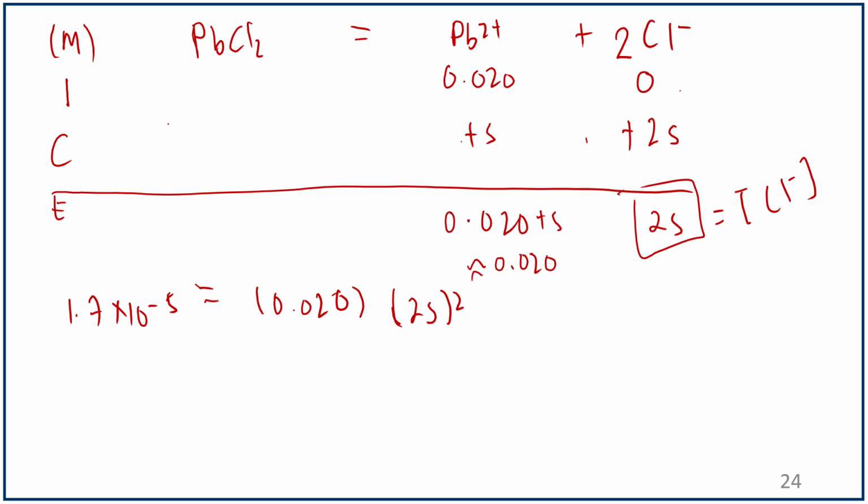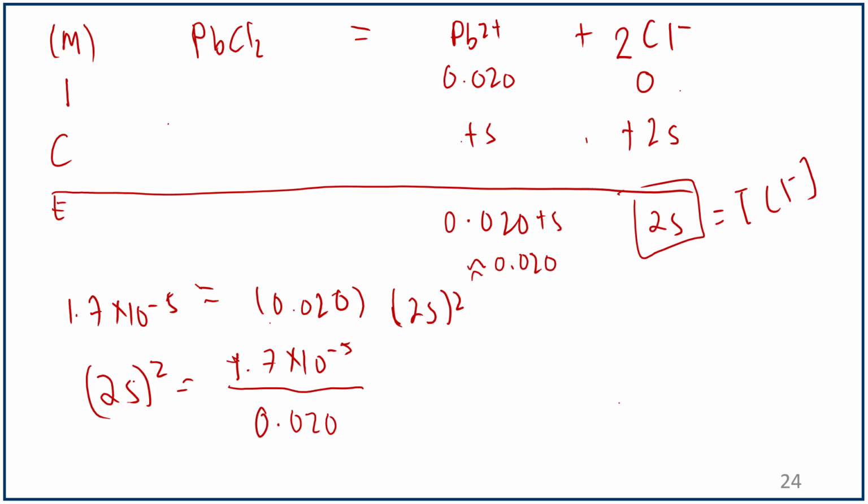If we simplify this, we get 2S squared is equal to 1.7 times 10 to the negative 5 divided by 0.020.